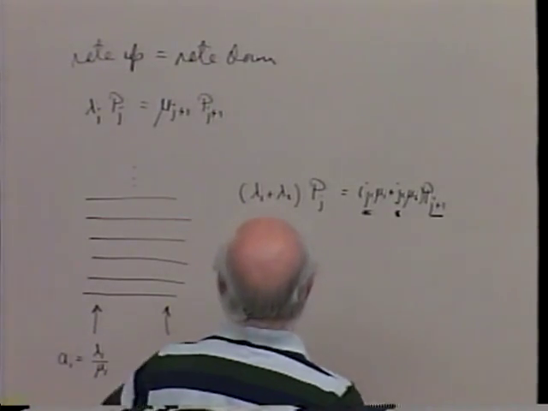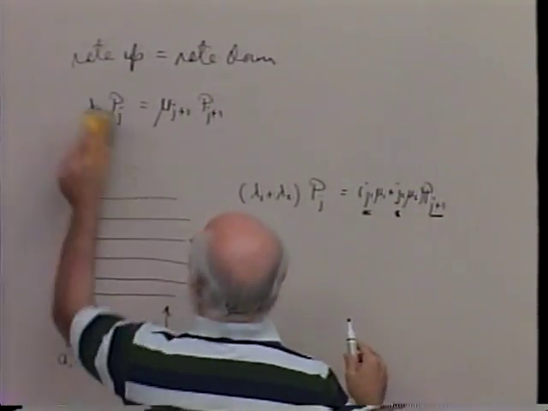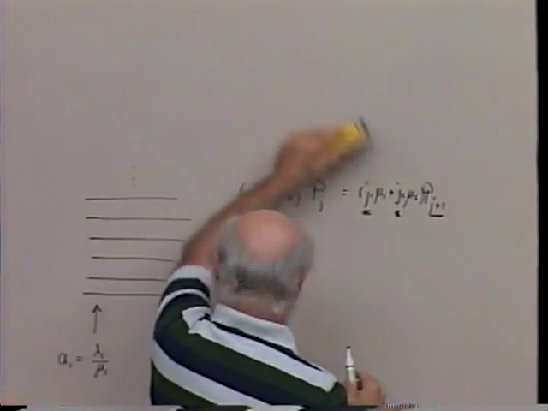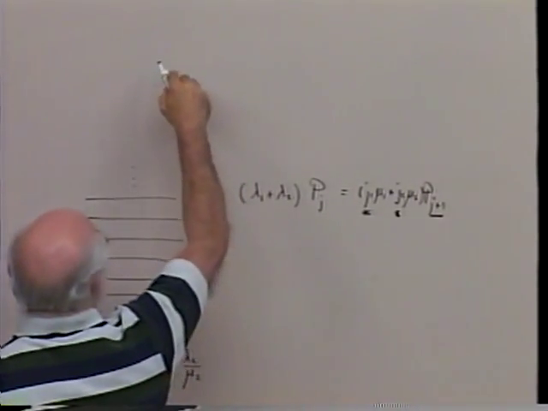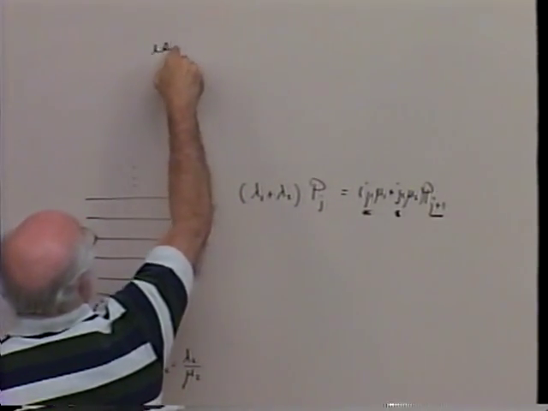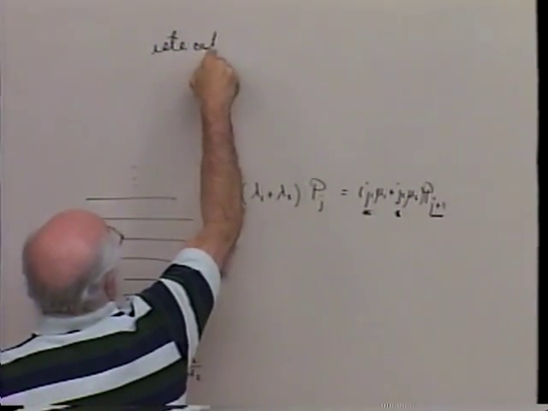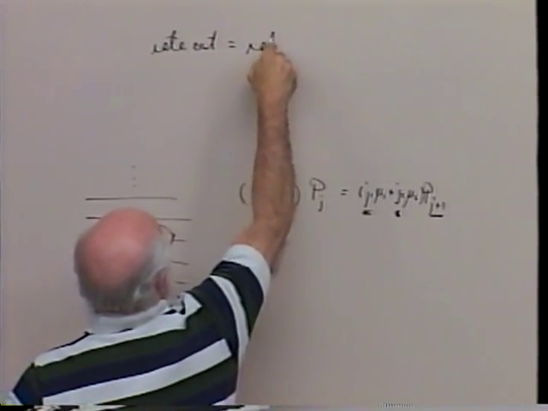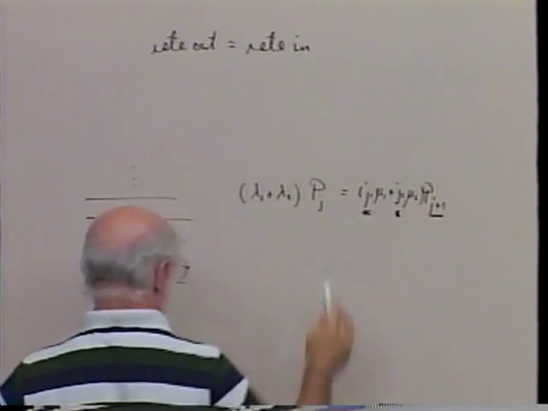Let's see, I'll write them here. Okay, I'm going to erase this, and write instead, for each state, rate out equals rate in, as follows.